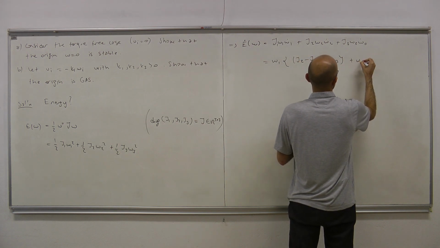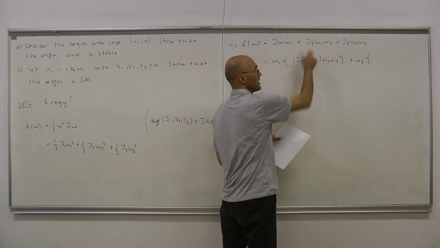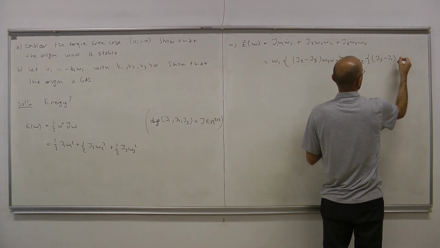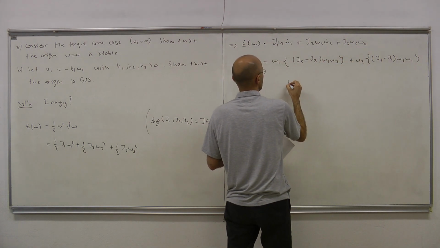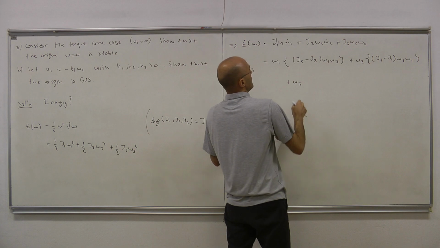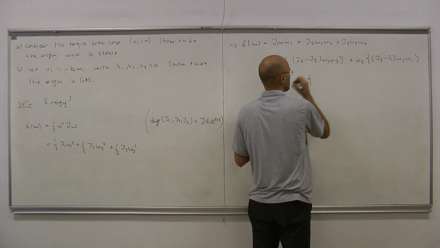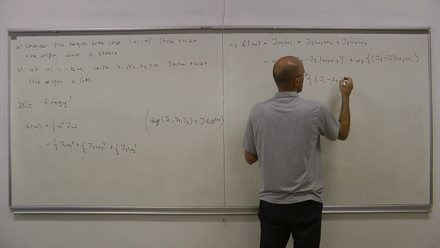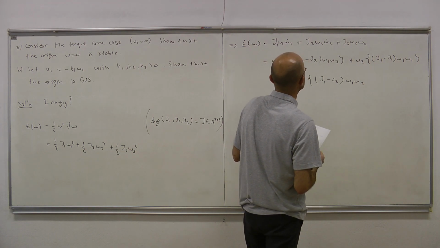Plus omega 2 times J2 omega 2 dot, which is J3 minus J1 omega 3 omega 1, and finally plus omega 3 times J3 omega 3 dot, which is J1 minus J2 omega 1 omega 2.